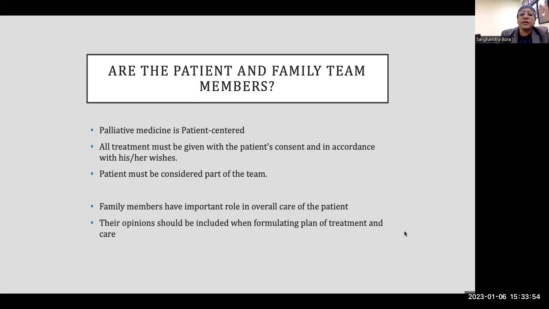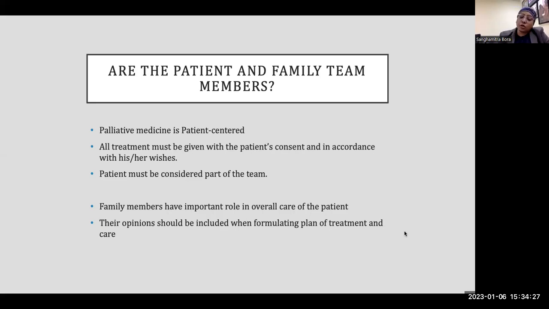So all treatment must be given with the patient's consent and in accordance with his wishes and his knowledge. You have to give him information. Okay, so the patient must be considered part of the team, and at the same time, the family members have an important role to play in the overall care of the patient.